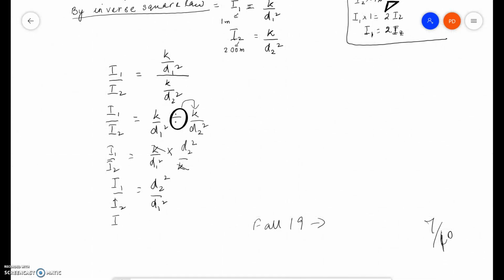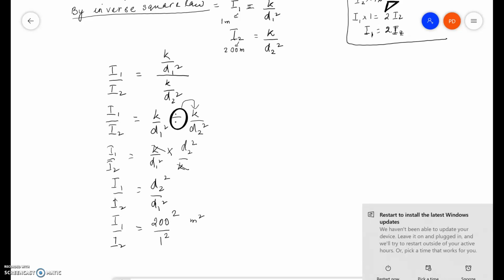Now I1 over I2 is equal to D2 squared over D1 squared, which is equal to 200 squared, and then the meters also get squared, but that gets cancelled, divided by D1 squared, which is 1 squared meters squared.